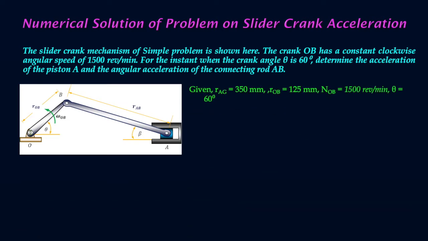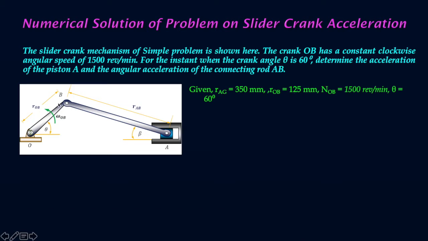Then, as we have to find out the acceleration, we start with the given data as usual. So what is that data? RAB is 350, it is the AB link, it is not G, it is AB.